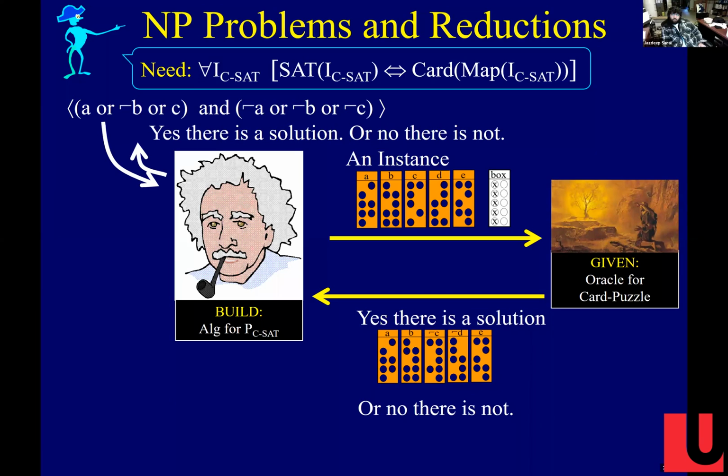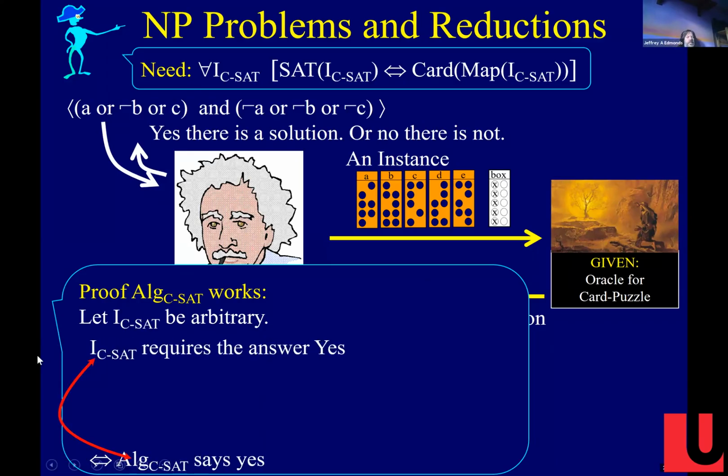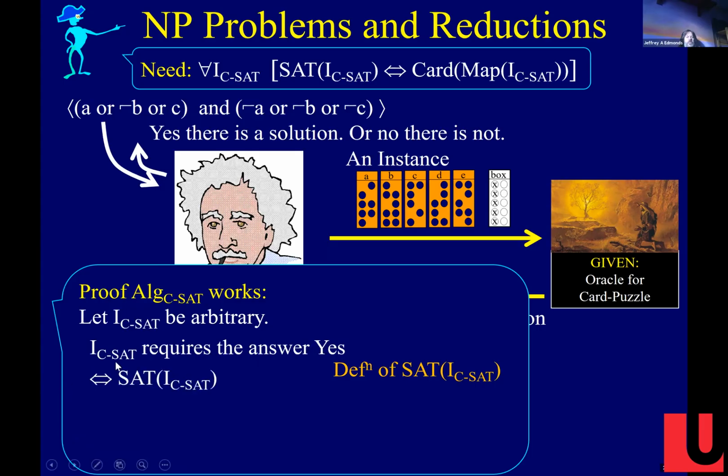And why will that prove that our algorithm works? Because what do we have to do to prove our algorithm works? We have to prove that for an arbitrary bunch of clauses, the algorithm says yes if and only if that's the required answer. That's the definition of an algorithm working. And the instance requires a yes if and only if the clause is satisfiable. That's just the definition of our problem.